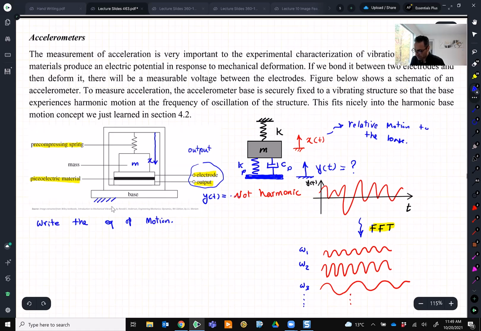Somebody is sitting inside this frame and is measuring this x. And assume that here you have y(t), which is the absolute motion. This is y(t), the absolute motion.